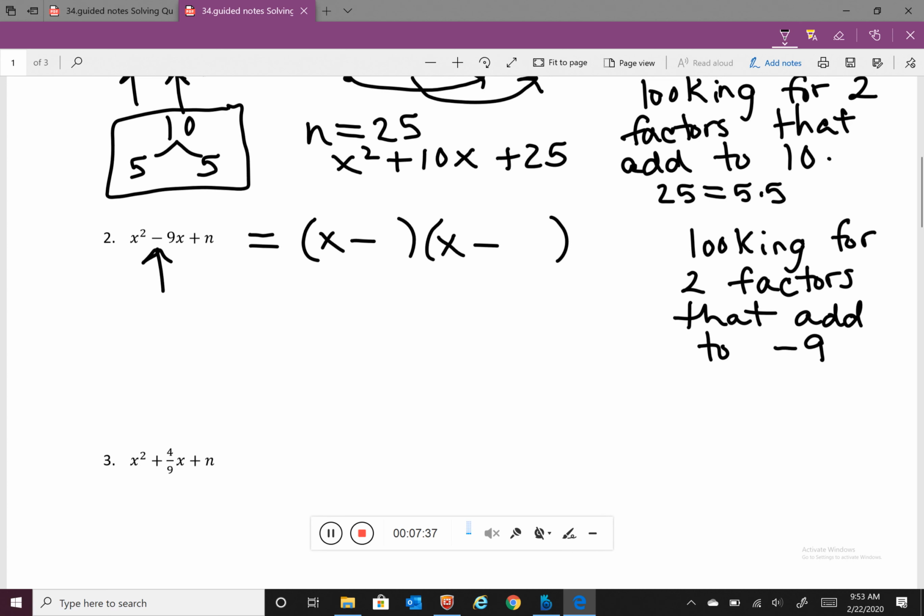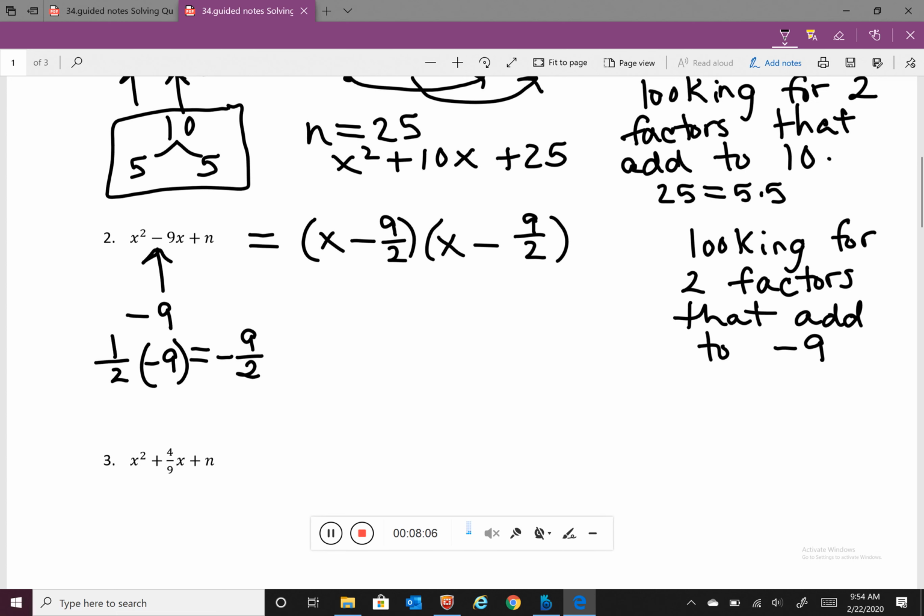And those two factors need to be the same because we want to create a perfect square trinomial. So we're going to take this negative 9 and split it in half. Another way to think about this is we're going to take half of negative 9, and that is negative 9 over 2. So we have x minus 9 halves, x minus 9 halves.